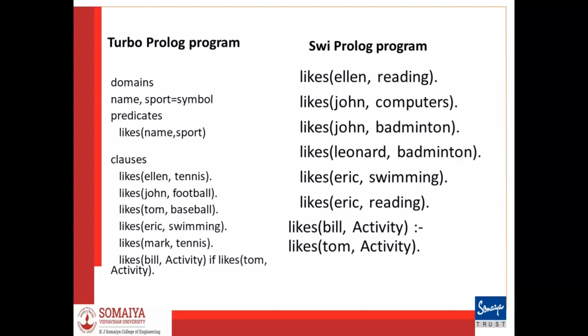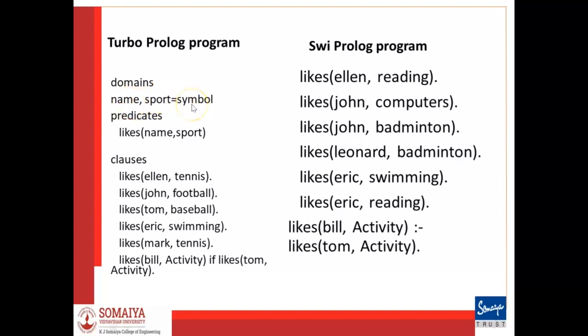Now let us look at a complete program. Here's a program which is talking about some people and their interest. Here in Turbo Prolog, name and sport are the entities which we are expressing in a predicate. So this increases readability and understandability of the program.